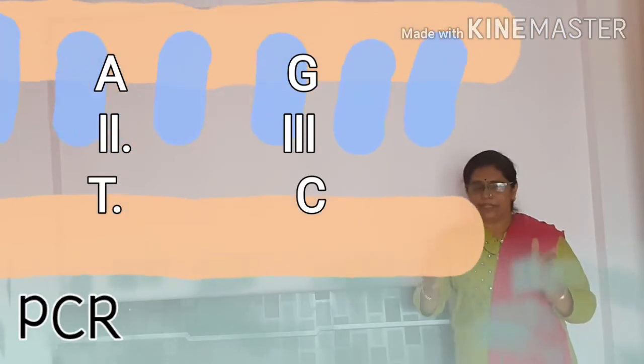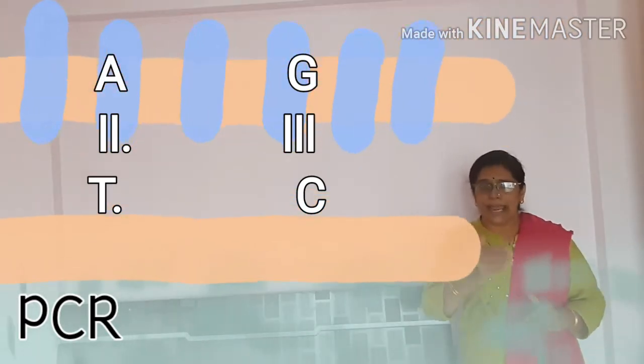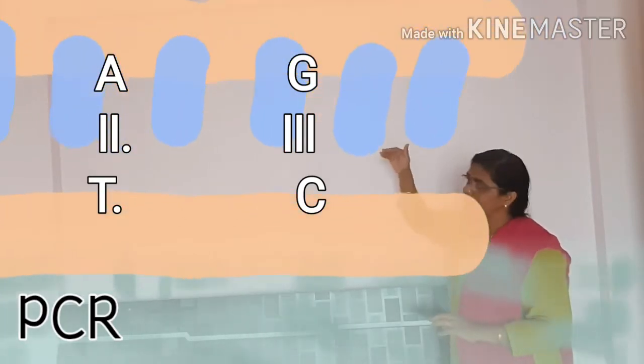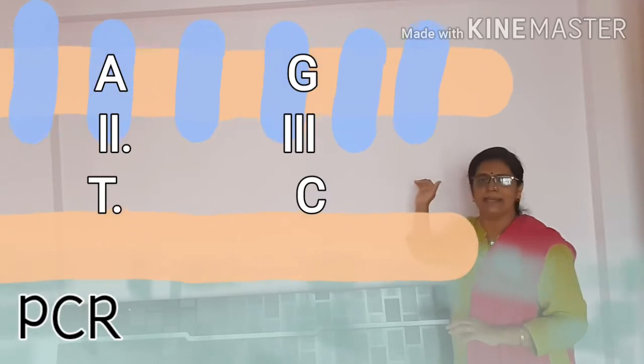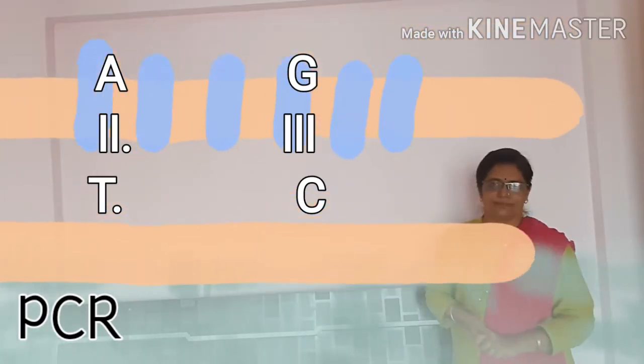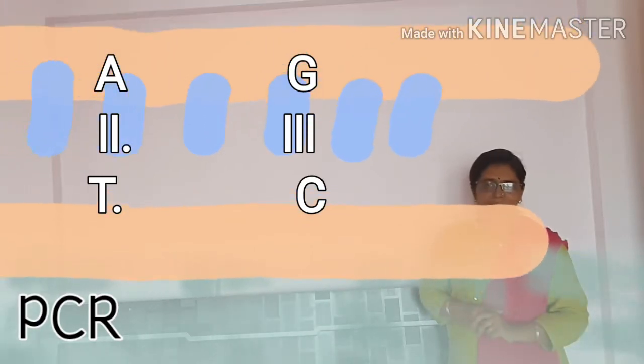So what happens in the first step? A temperature of about 90 to 98 degrees Celsius is maintained. Due to that temperature, the weak hydrogen bonds between the complementary nucleotides break.